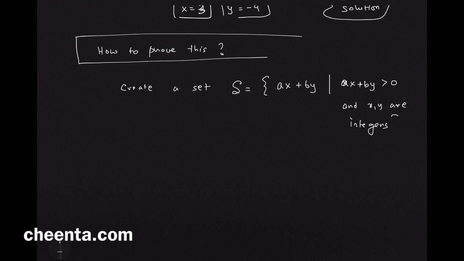So this is the set S. This symbol here means such that. This is the trick. You create a set of all possible ax plus by such that ax plus by is greater than 0.